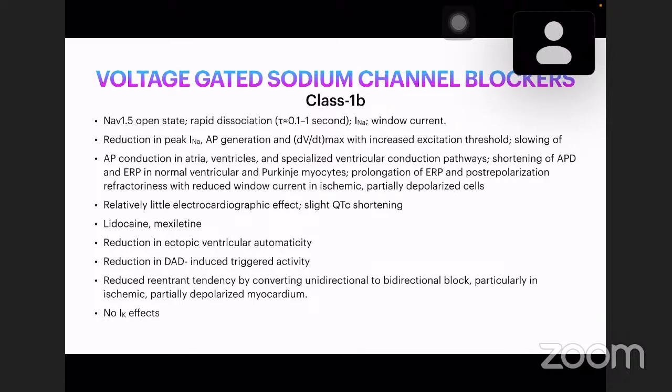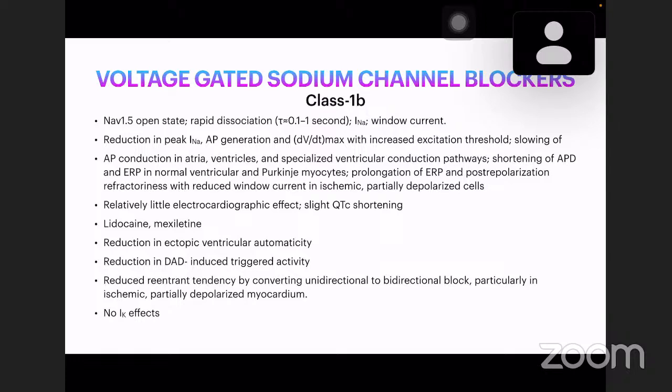They act particularly on the inflow of sodium, decreasing the peak sodium entry, decreasing action potential generation, and increasing the excitation threshold. So it decreases conduction in the atria and ventricular conduction pathways as in class 1A, and also shortens the action potential duration and ERP.